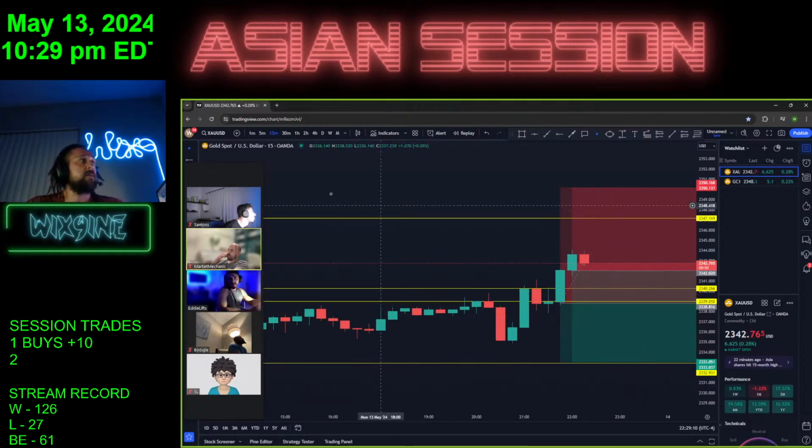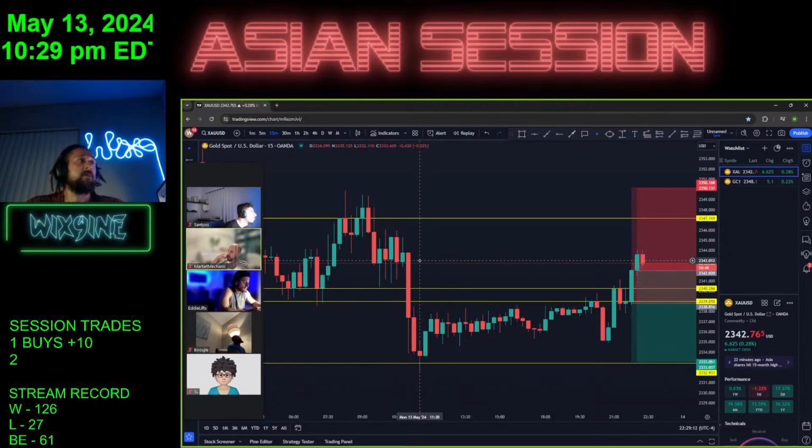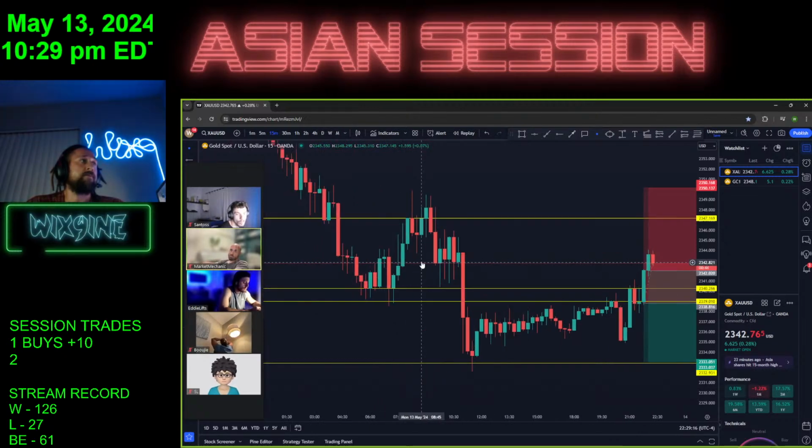Less than a minute here on the 30. But then again, if you break that high and then you do flip bearish, then you're looking good to come back down towards the bottom of the range.